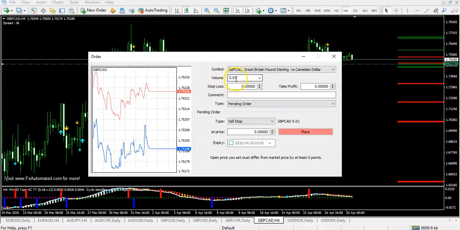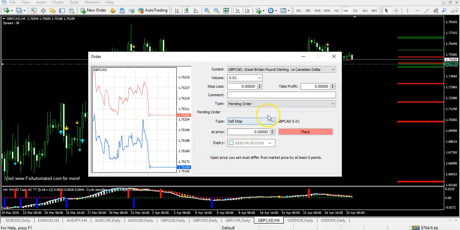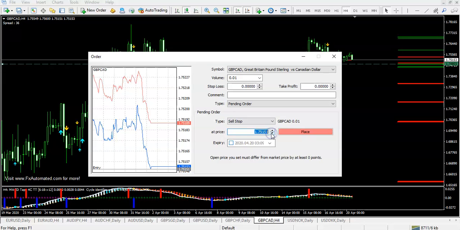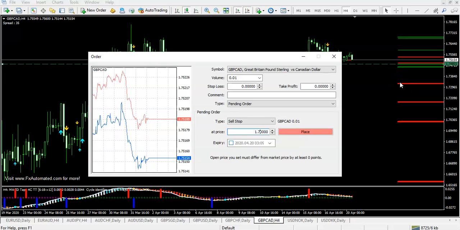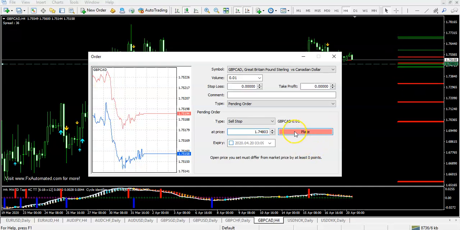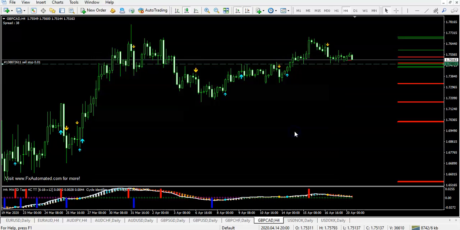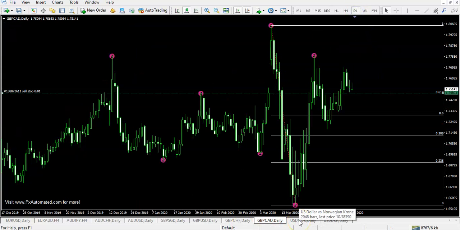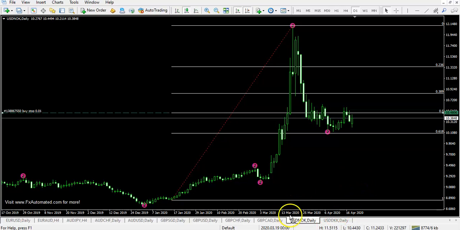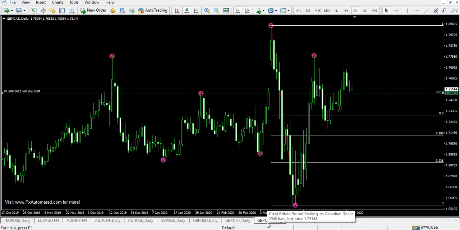Volume 0.01. Okay. Placing it at 1.74803, which is this number here, and place. And there we are. That was the GBP CAD.